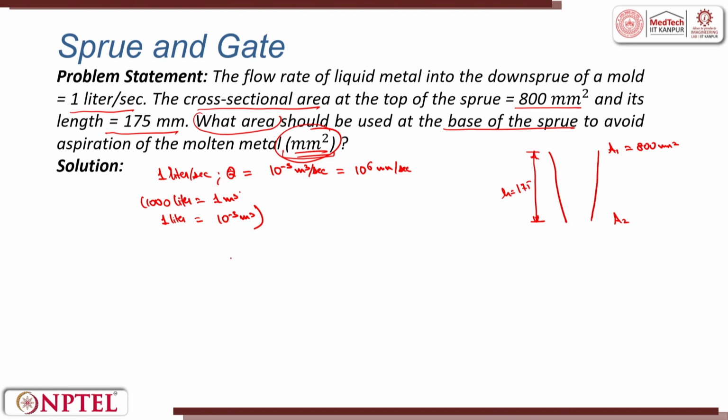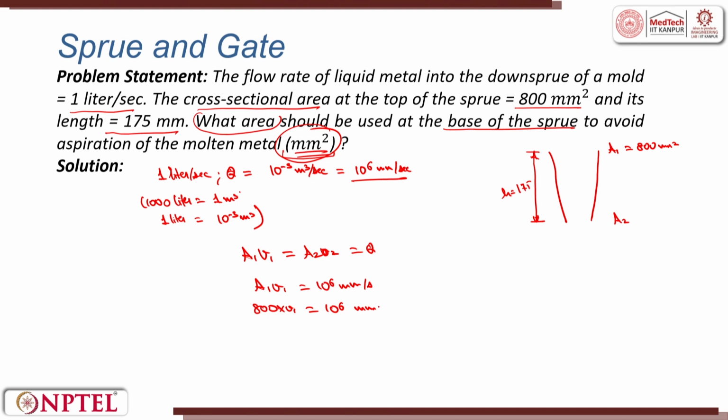From the continuity equation that we used in the previous numerical as well, A1 V1 is equal to A2 V2 is equal to the quantity Q. This is all same, which means A1 V1 is given as here 10 raised to power 6 millimeters cube per second, which means A1 is 800, 800 into V1 is equal to 10 raised to power 6.